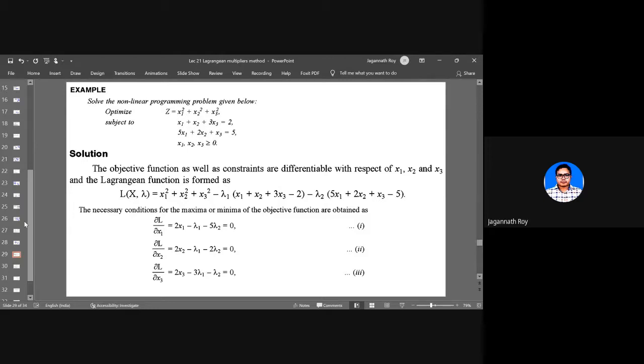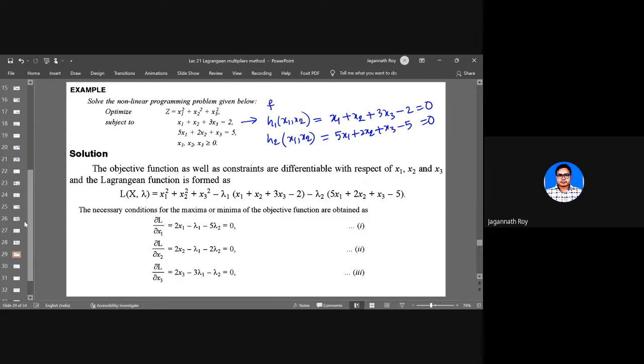So this is our first condition. We make h1 of x1, x2, x3 equal to x1 plus x2 plus 3x3 minus 2 equals 0. h2 of x1, x2, x3 is 5x1 plus 2x2 plus x3 minus 5 equals 0.